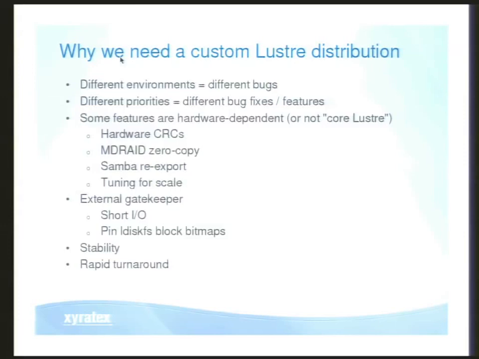So there's somewhat of a question about what is core Lustre and what's not. Is hardware CRC support important for people that don't have CPUs that are capable of dealing with it? No. Similarly, people that run hardware RAIDs don't care about MD RAID zero copy patches. So there's a question there about what exactly belongs inside of Lustre. With our own distribution, we can make sure it all goes in on our scale.